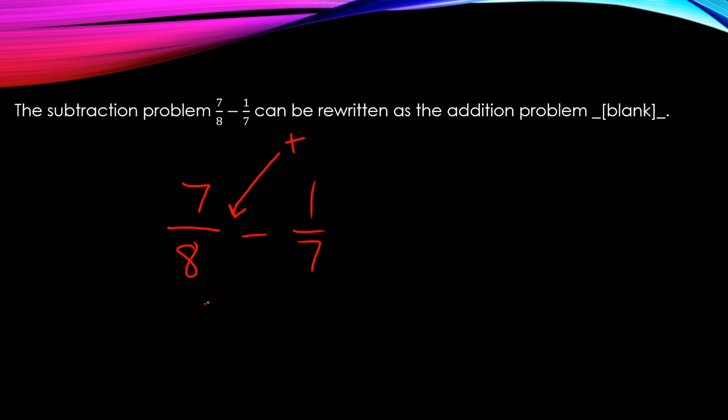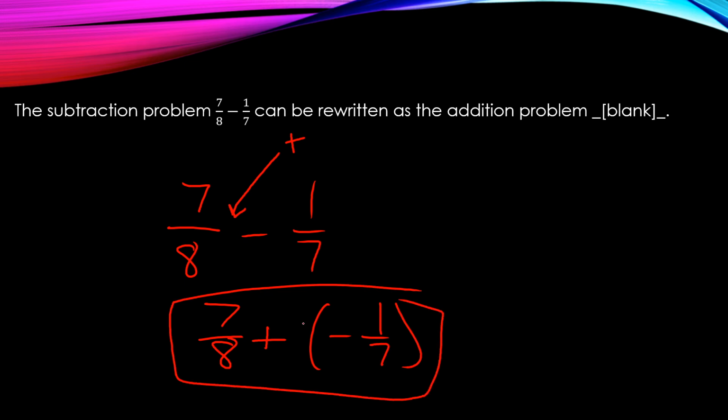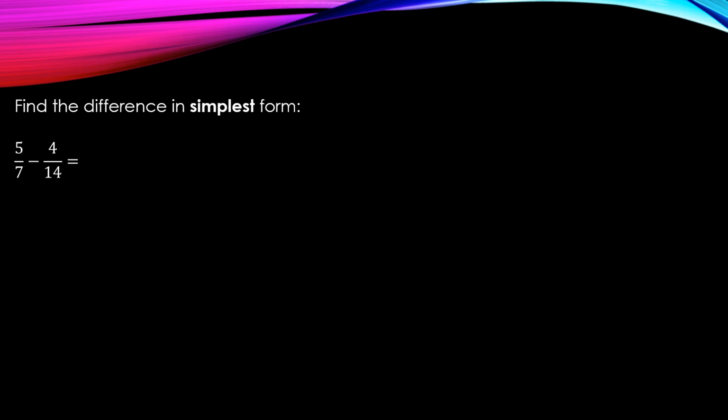So when I add it, I should get 7 over 8 plus negative 1 over 7. If you look here, I have 1, 2, 3 parts in my first one, and in my final answer I have this 1, 2, 3. I'm only adding this plus sign.